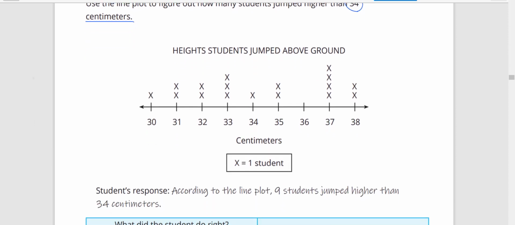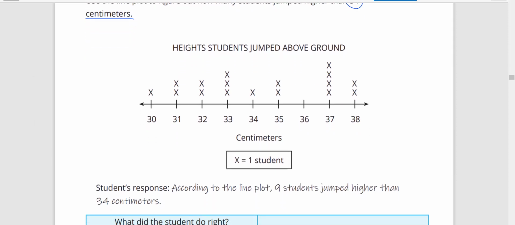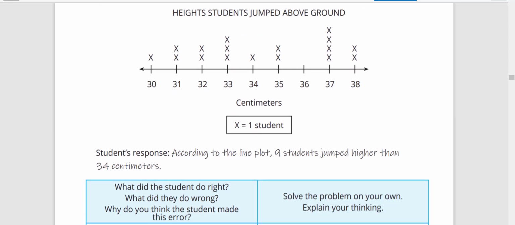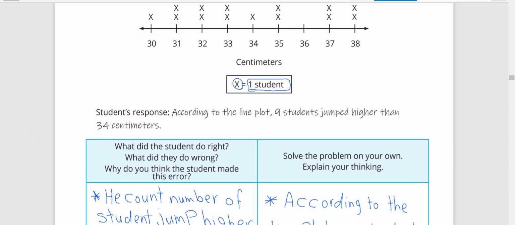This line plot shows the highest students jumped above ground. Note: x equals 1 student. Student response: according to the line plot, a student jumped higher than 34 centimeters.